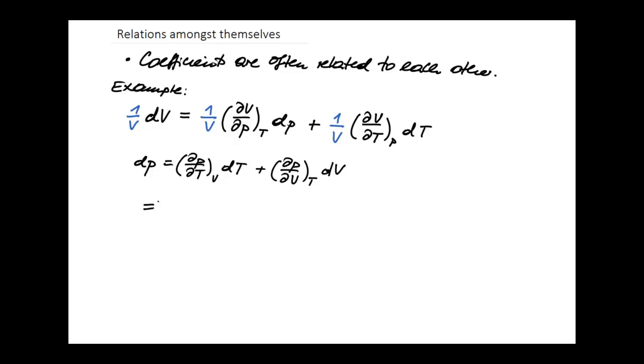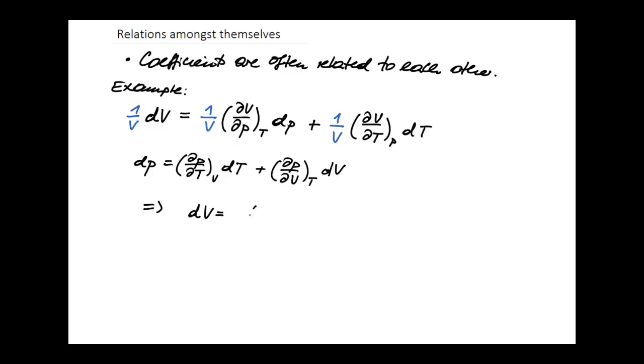And I can solve this for the differential of volume. So I can write this as dV. I do this by multiplying the equation with the inverse of dP over dV, but this is nothing but dV over dP.